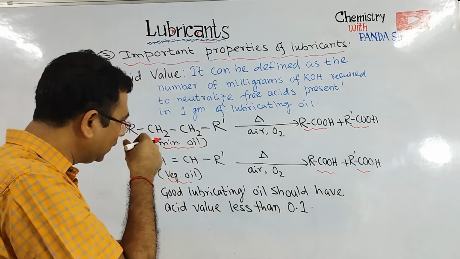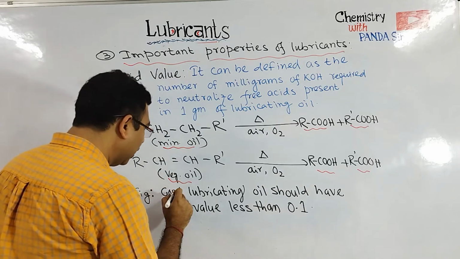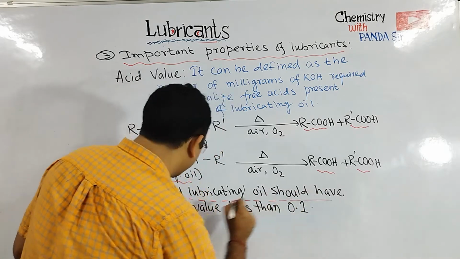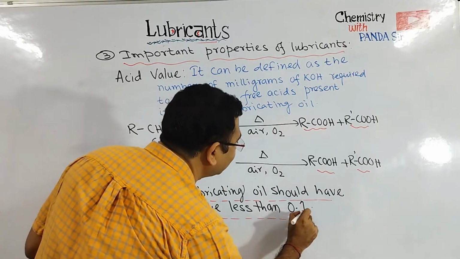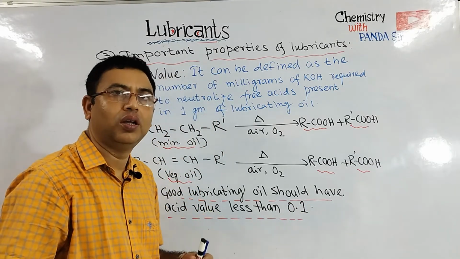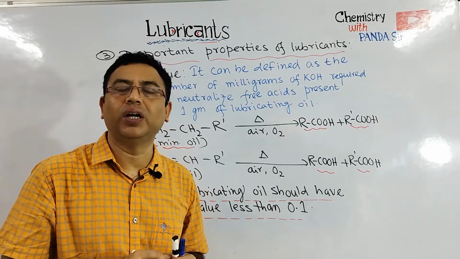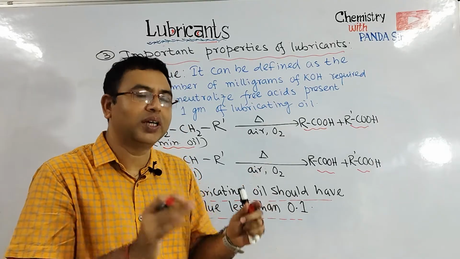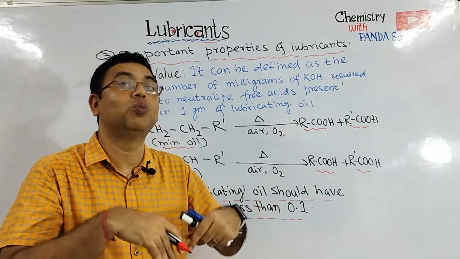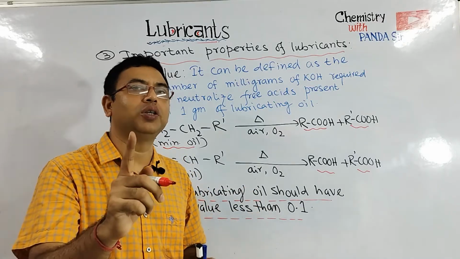That is why, as I wrote at the bottom, a good lubricating oil should have an acid value less than 0.1. Acid value should not cross 0.1. If it is less than 0.1, we can use it further. If the acid value is more than 0.1, we cannot use it.